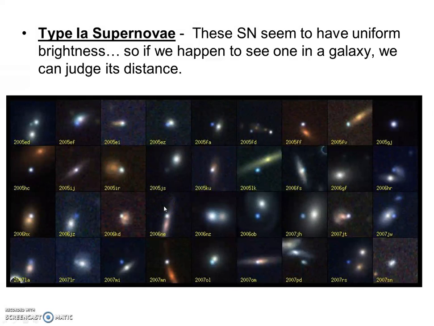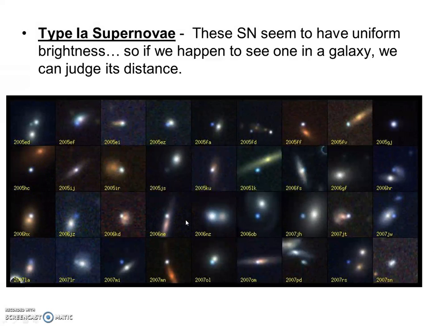This has only become possible in the last 20 to 25 years or so because of the advent of robotic telescopes. It's impossible to scan all these galaxies every night if you are a human being.